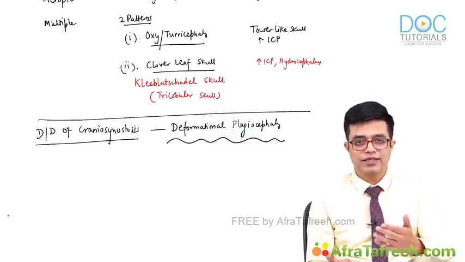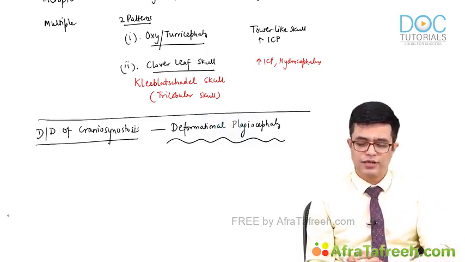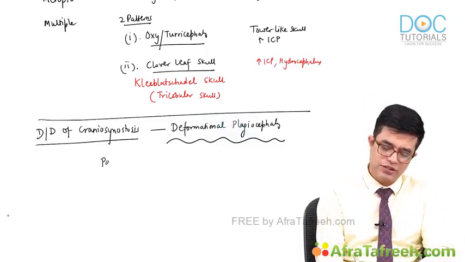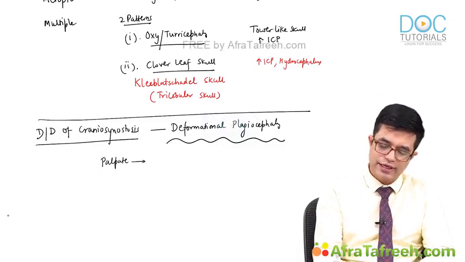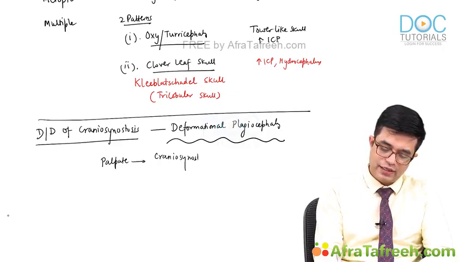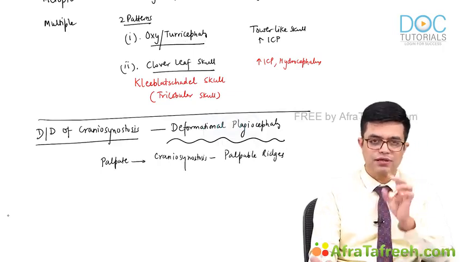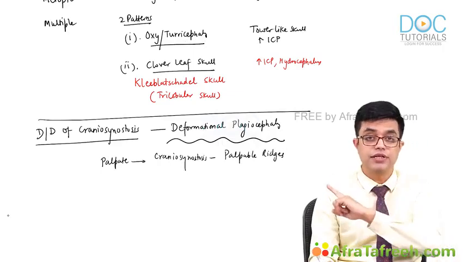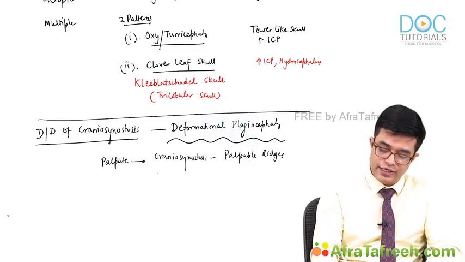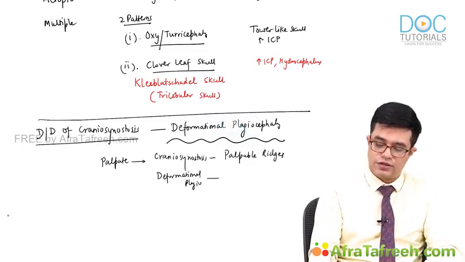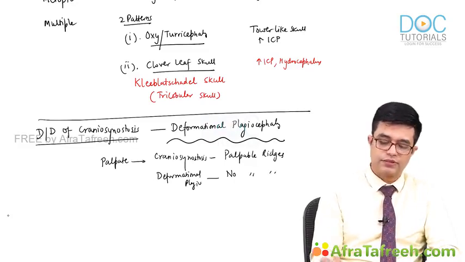Although you can investigate and find out the underlying cause, in general when you palpate the skull of these children, in case of craniosynostosis, you will find palpable ridges of the skull. Overlapping palpable thickened ridges can be felt in craniosynostosis, whereas in deformational plagiocephaly, there are no palpable ridges.